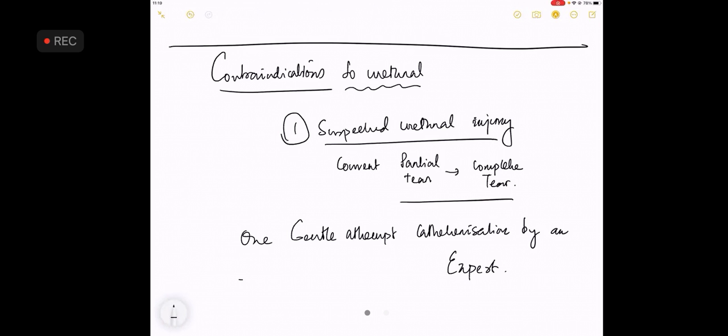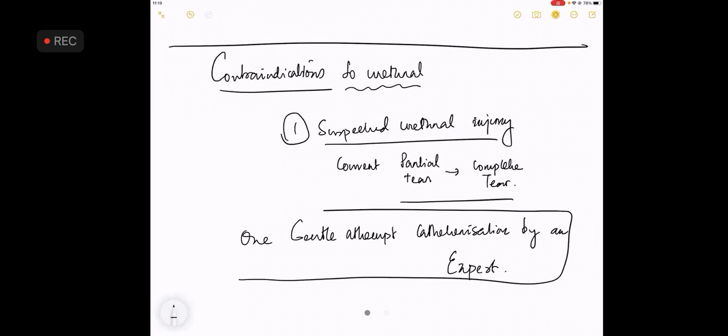Now, the expert is a urologist, which an average doctor is not. So, if you are not an expert, if the patient has a suspected urethral injury, do not, in the name of the God that you trust, please put in a catheter.